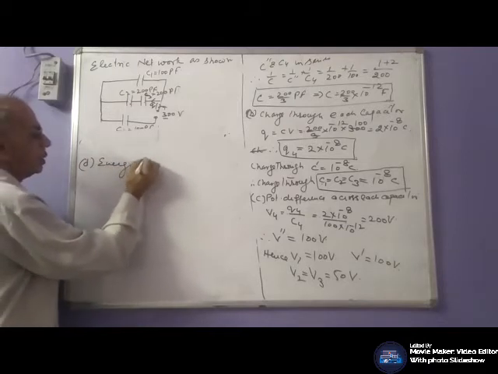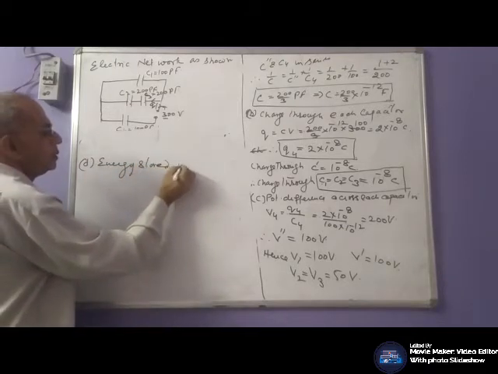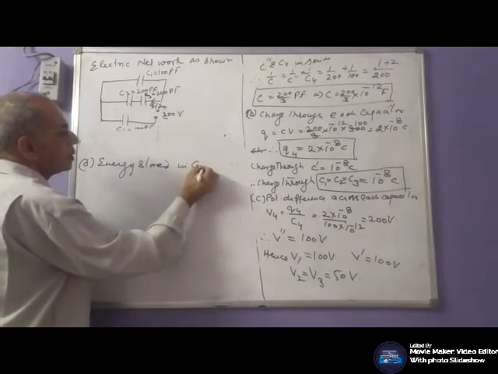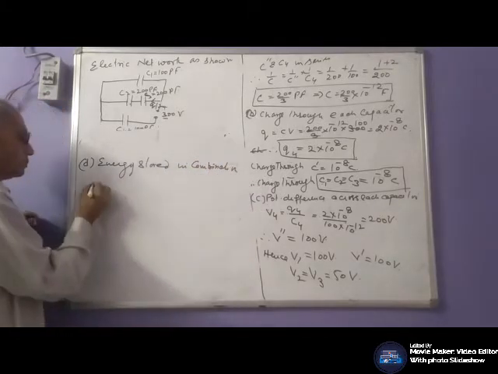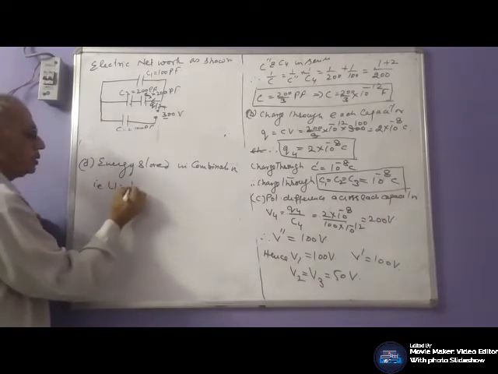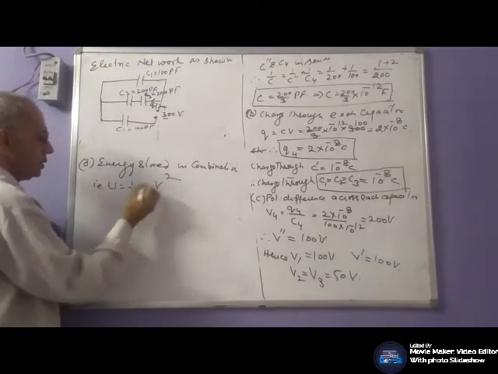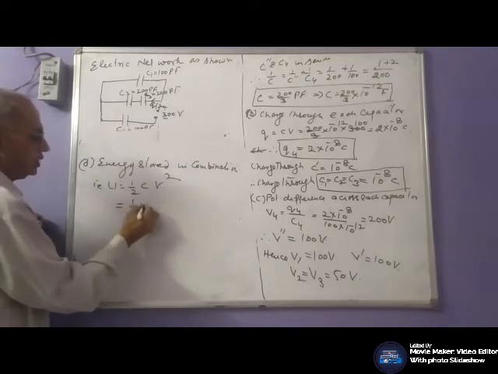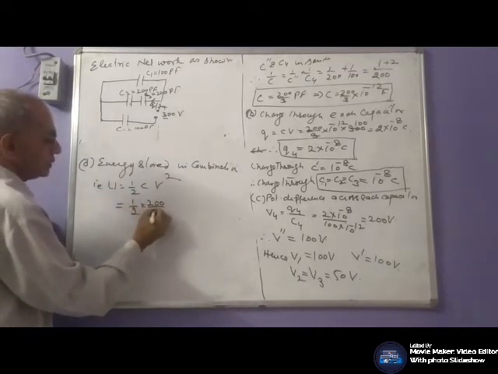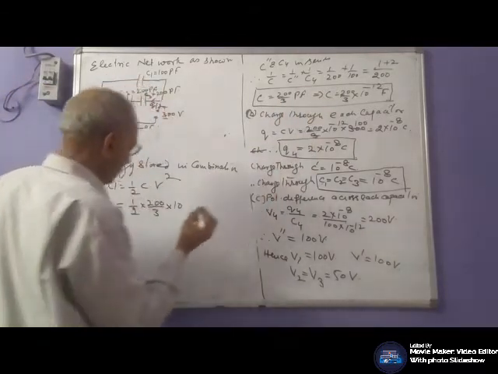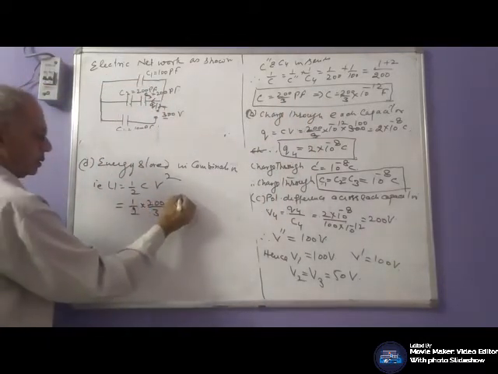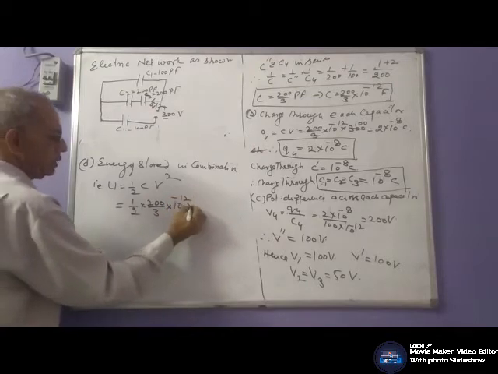Energy stored in the combination, that is U, means total half CV square. Half C, C was this. This was C, V square.